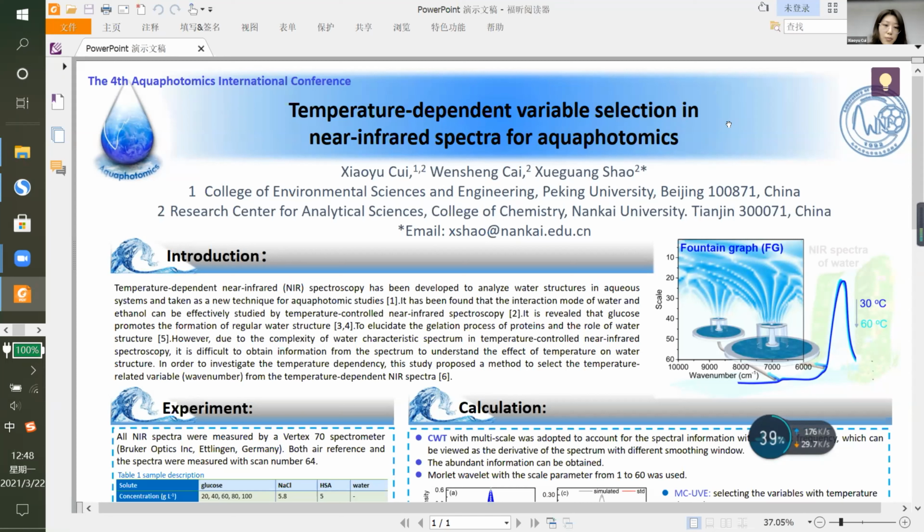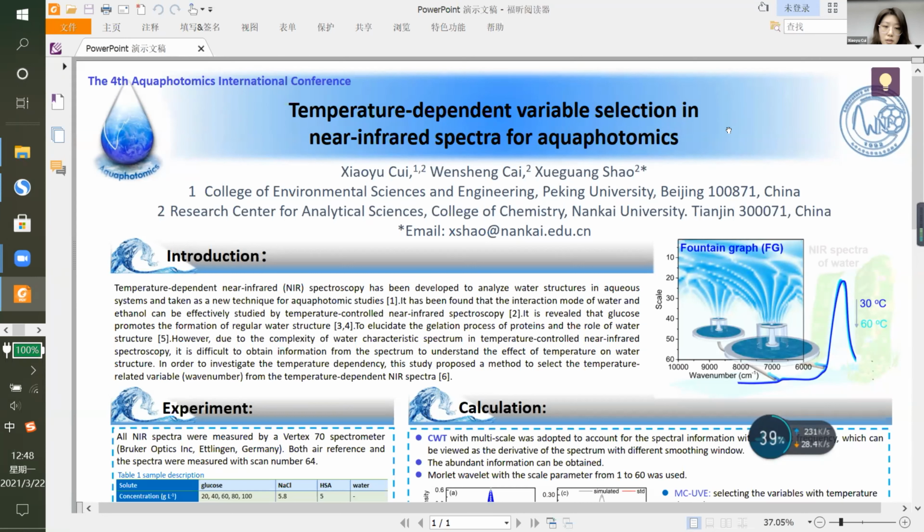Temperature-dependent near-infrared spectroscopy has been developed to analyze water structure in aqueous systems and is taken as a new technique for aquaphotomic studies. It has been used for many studies, like water and protein formation, and to illustrate the role of water structure.